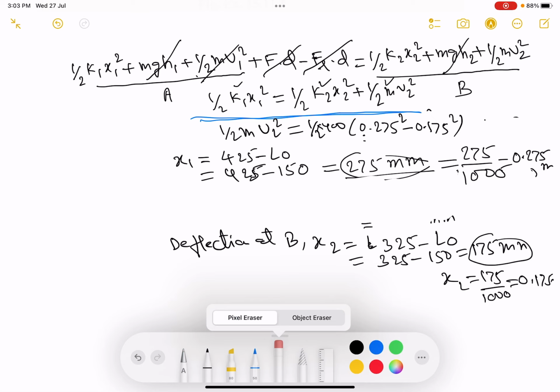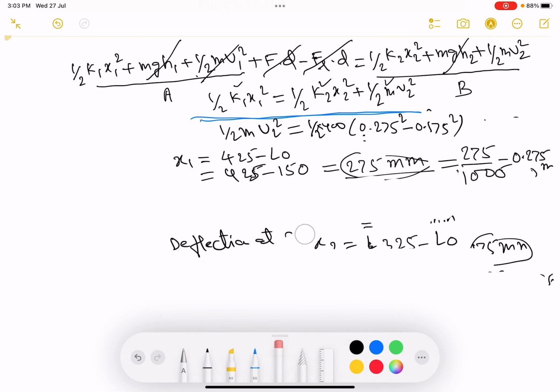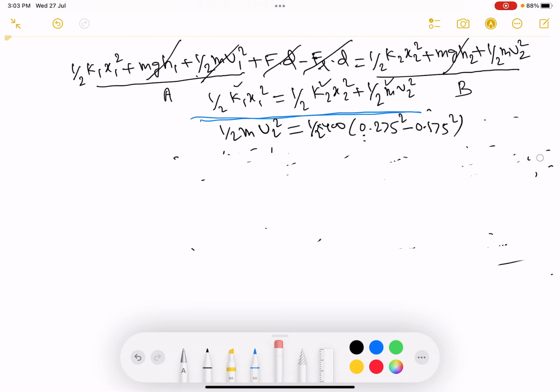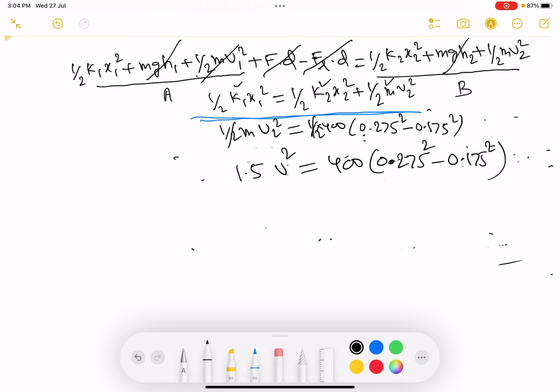So again we write, the half gets cancelled, then 1.5 is the mass, v square is equal to 400 into bracket 0.275 square minus 0.175 square, right?